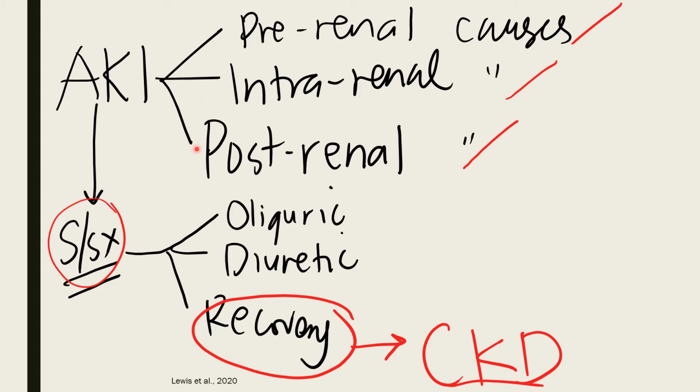While with post-renal, we're talking about after the kidneys. So anything that can affect the ureter, the bladder, the urethra is a post-renal cause of acute kidney injury. Now, when it comes to signs and symptoms, I want you to remember the 3 different phases. We have the oliguric phase, and this means that the urine output of your patient is equal to or less than 400 ml over 24 hours. While the diuretic phase means that your patient started to urinate a lot.